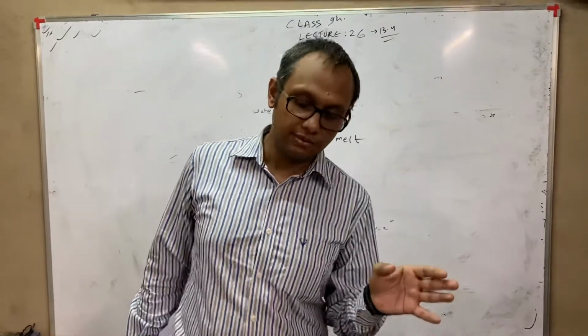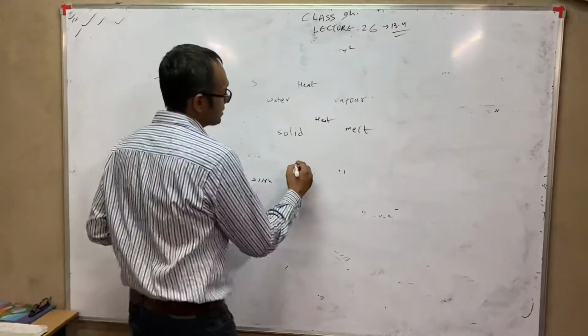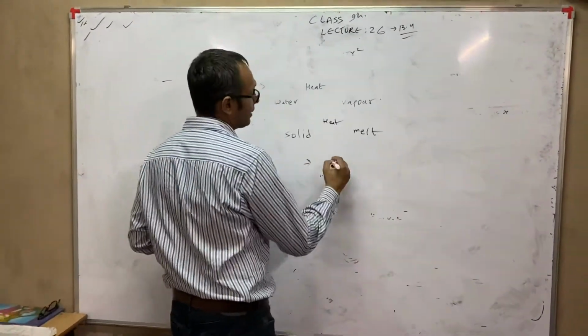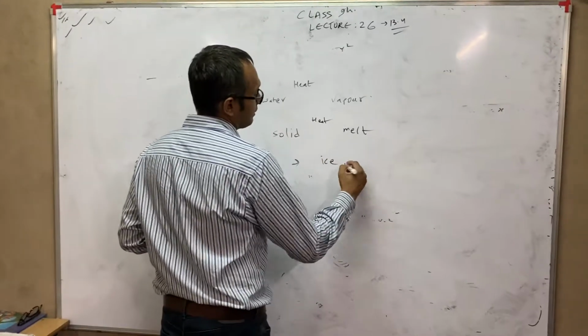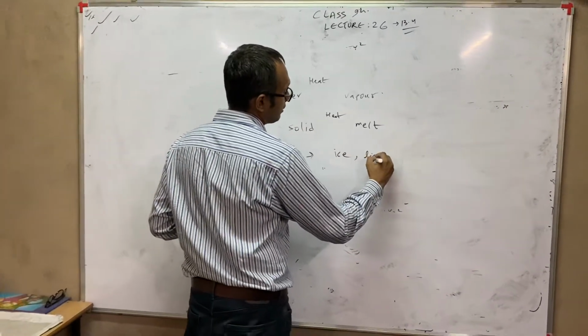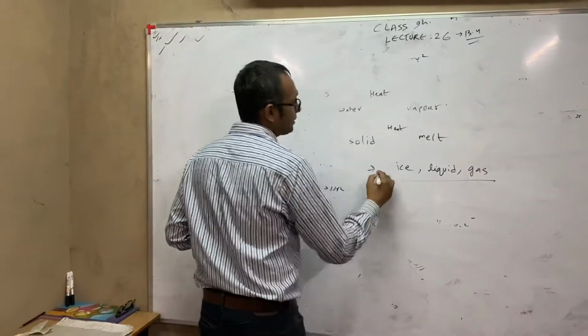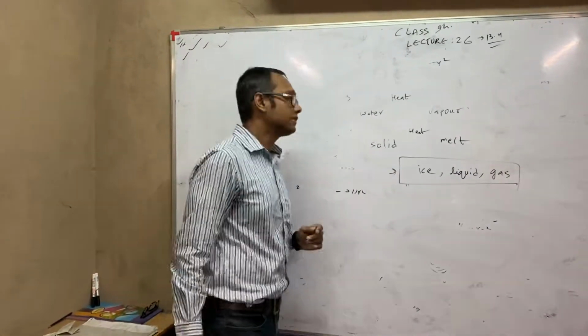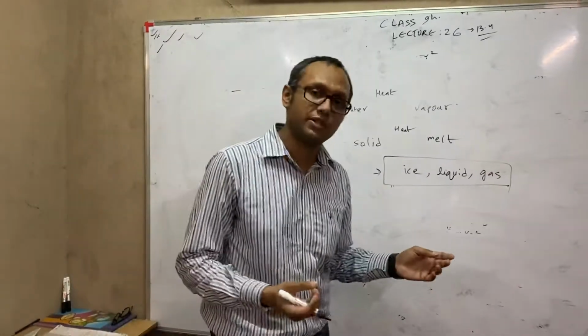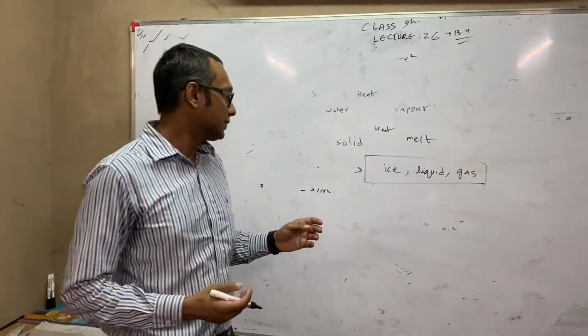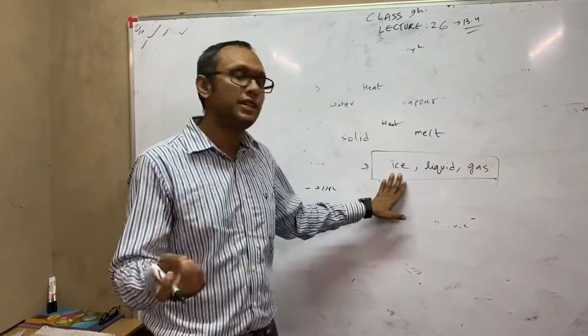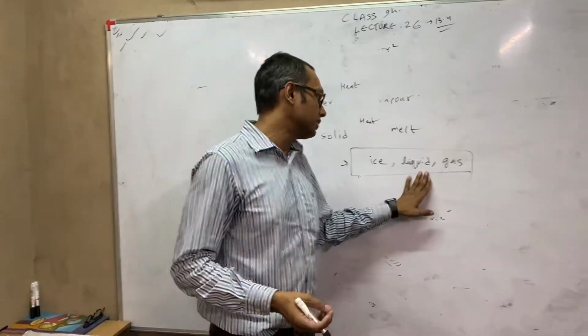The three stages of water which we know of are ice, then liquid, and then gas. And all these 3 stages we can interchange depending upon the temperature. If there is something in ice form, if we give it heat, it will turn to liquid.